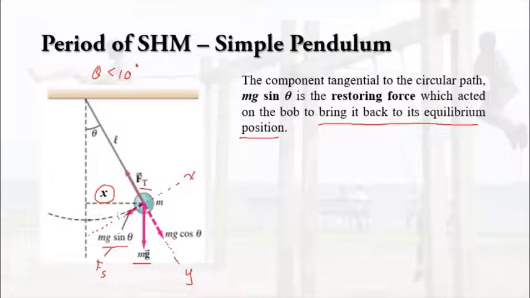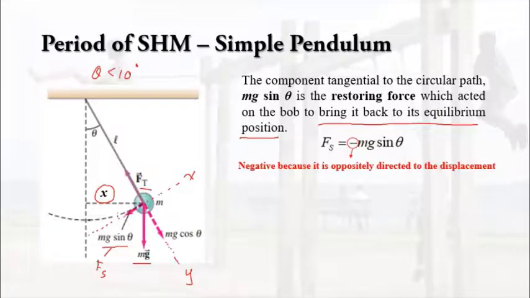So in this case, since I know that the restoring force is mg sin theta, I can write it down as Fs equals negative mg sin theta. Why negative? Because it is always opposite to the displacement. Look at the diagram again. When you lift the object to the right-hand side of the equilibrium position, this part is always a positive x.